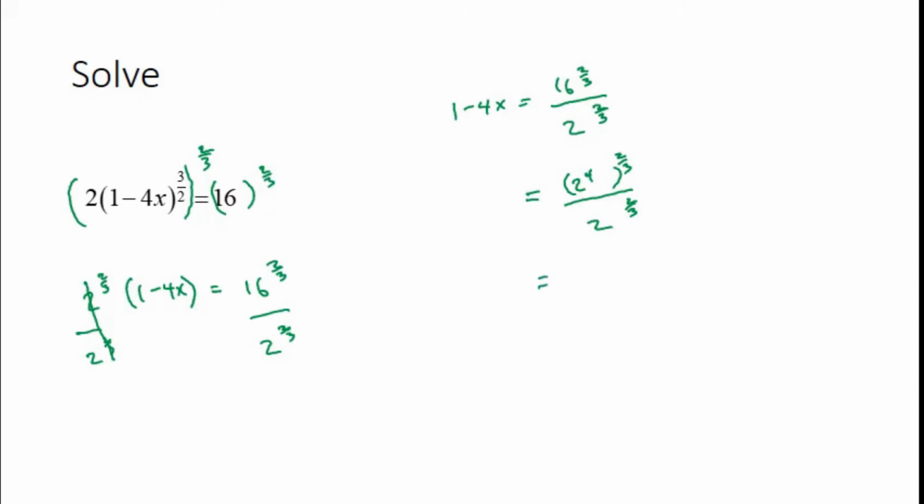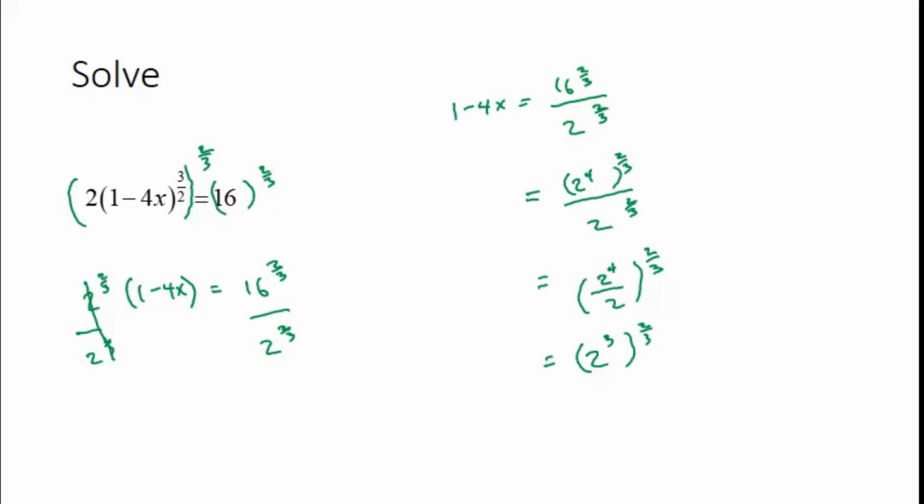So if we use the quotient rule, we're basically saying that we started out with 2 to the 4th divided by 2, and all of that was raised to the 2/3 power. 2 to the 4th divided by 2 to the 2nd is 2 to the 3rd. So we have 2 to the 3rd being raised to the 2/3 power.